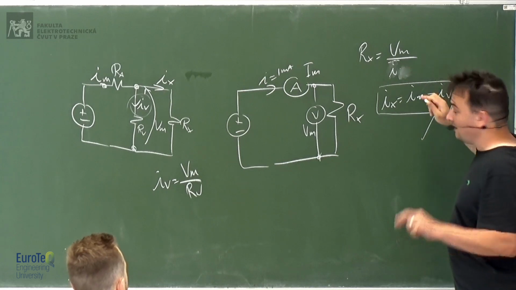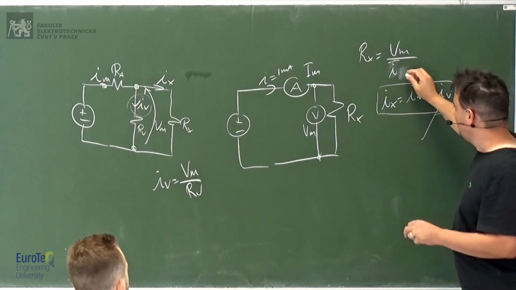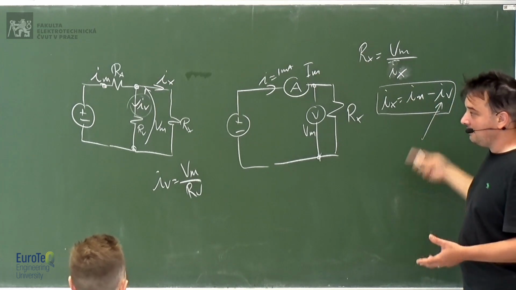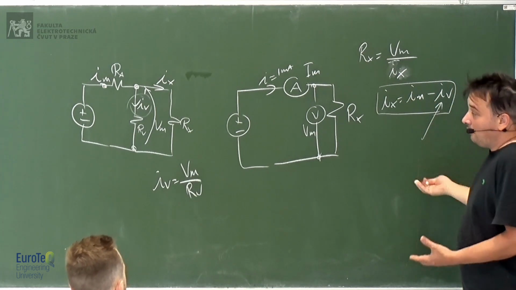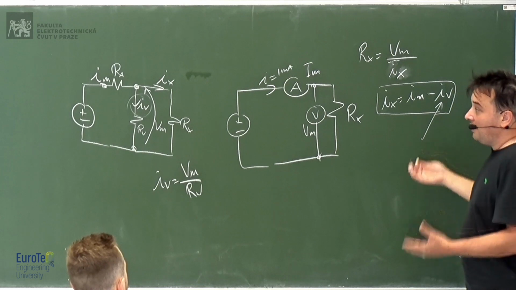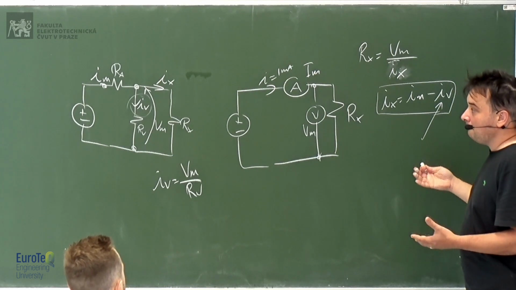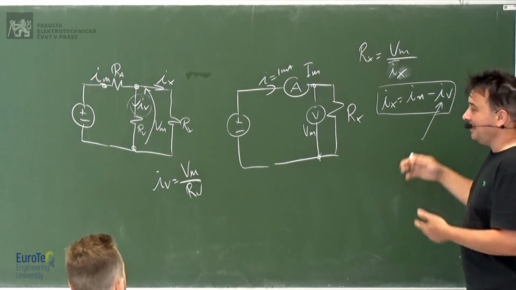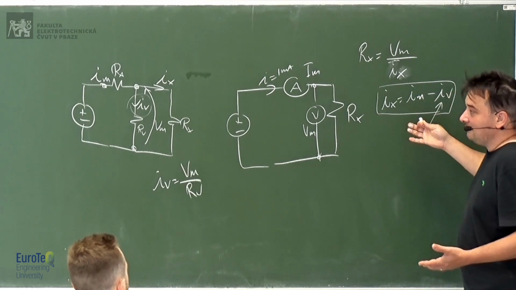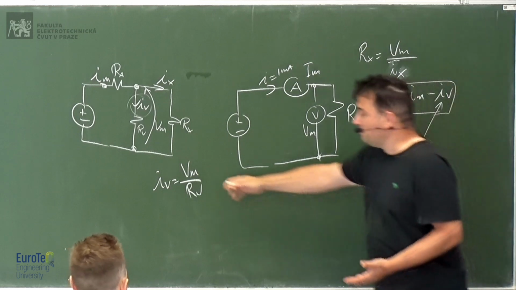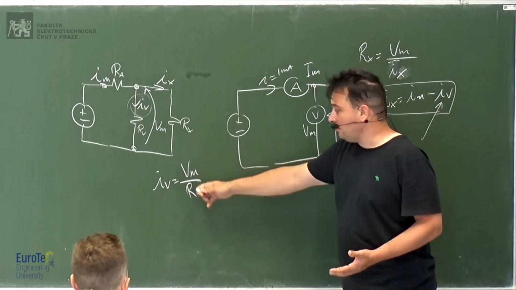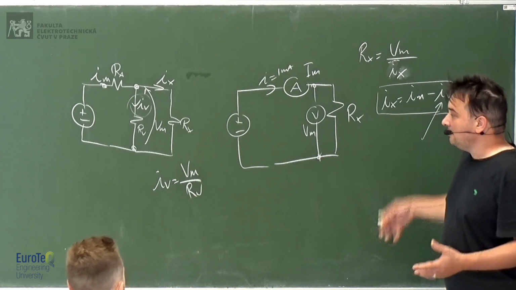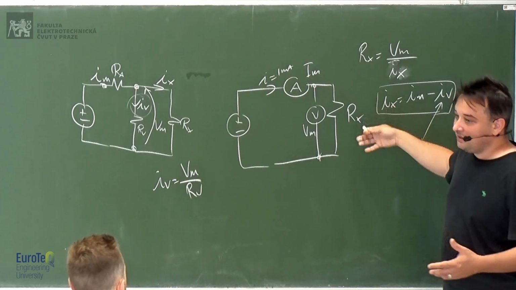And we can obtain the correct, again in quote marks, value if we use Ix instead of Im, the current that we measure. So we make a correction of an error, in this case an error introduced by the method of measurement, something that we can estimate. We take the measured voltage, divide it by the resistance of the voltmeter, and we get the correction, how much we have to correct the reading of the current.